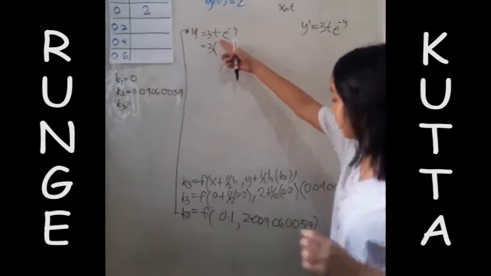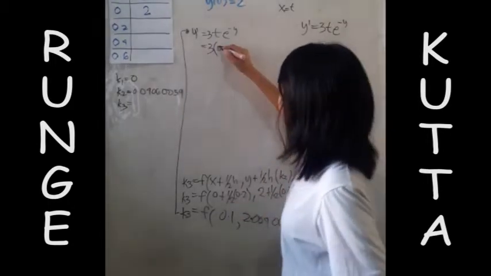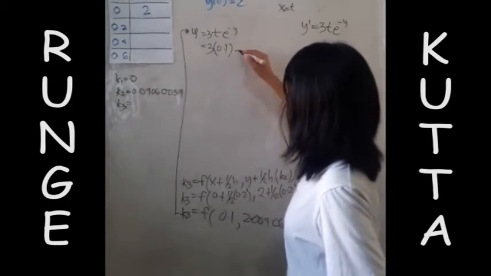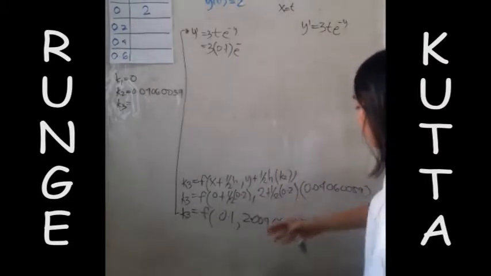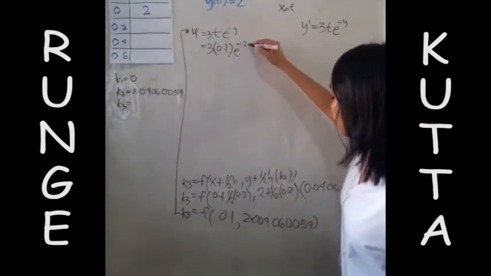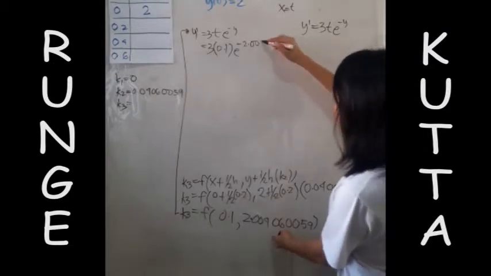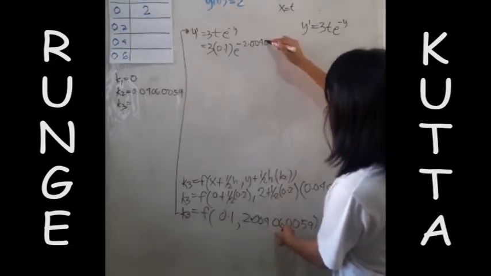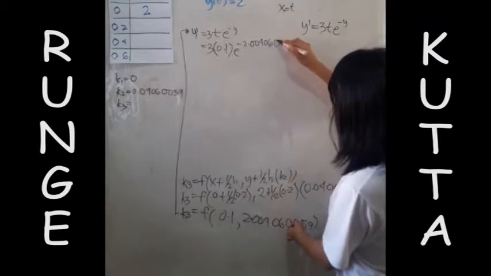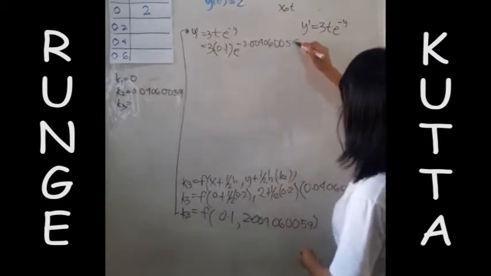And we are going to substitute this again to our y prime. So our t here is 0.1, e raised to, our y is 2.004060059.